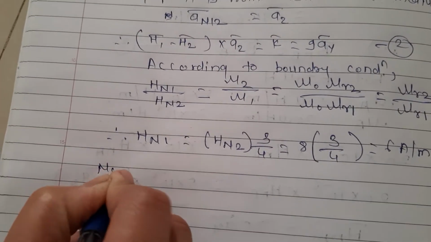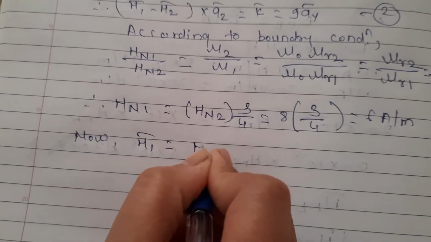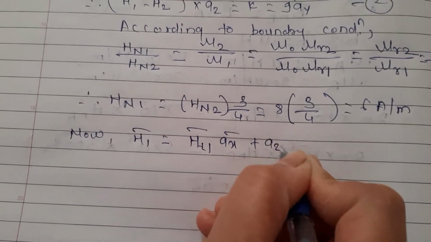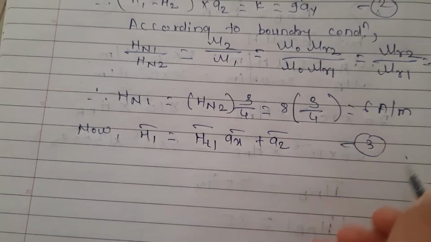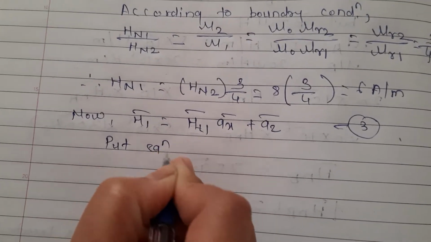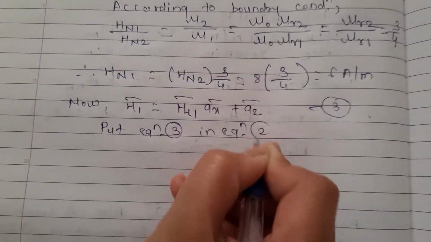Now H1 bar is equal to Ht1 bar aX bar plus 6 aZ bar. This is equation 3. Now put equation 3 in equation 2.